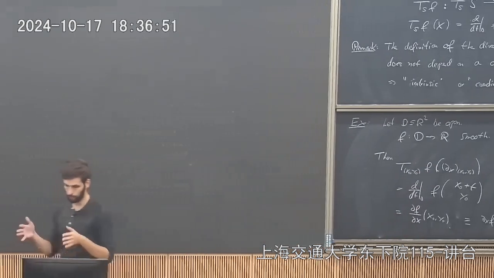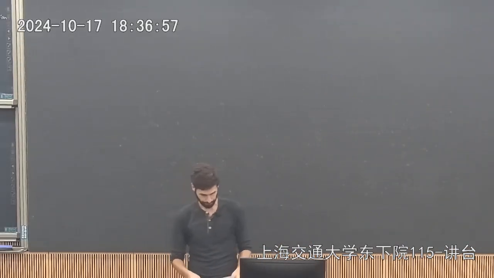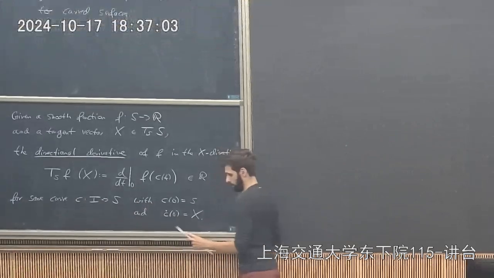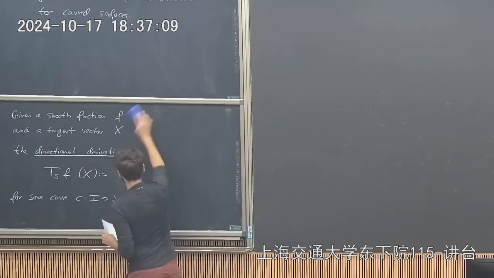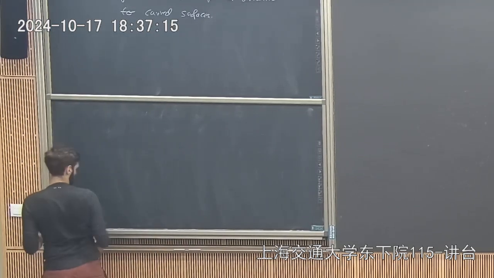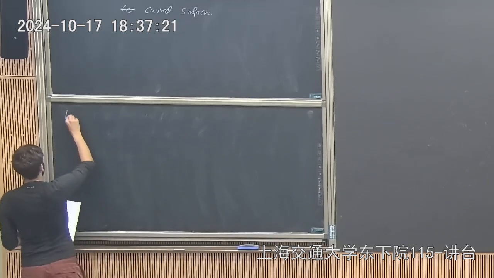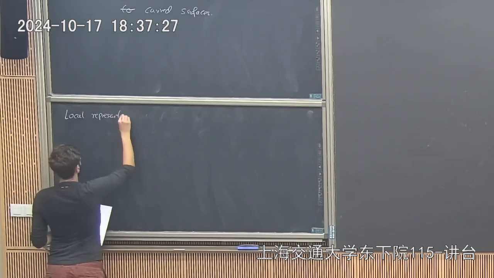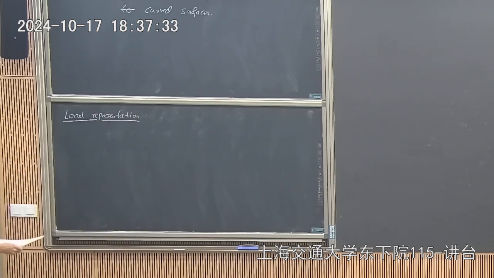So it's now important to transfer things on the surface back to the open subset, and that's something that is called a chart representation, or also sometimes called local.